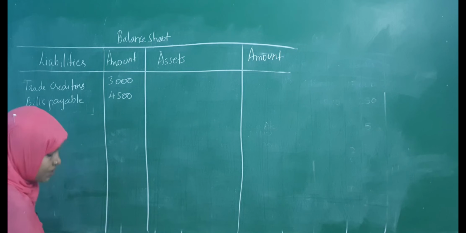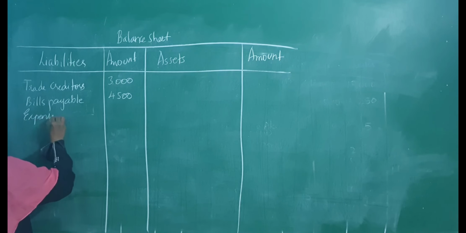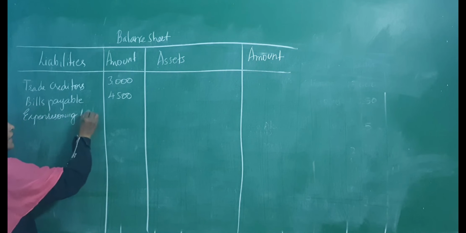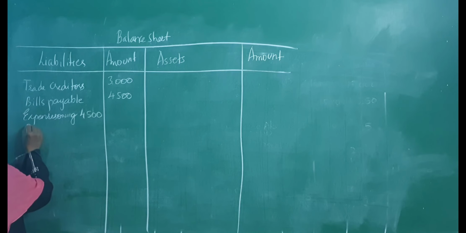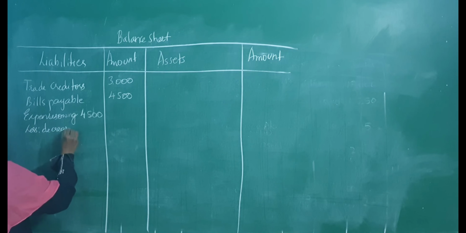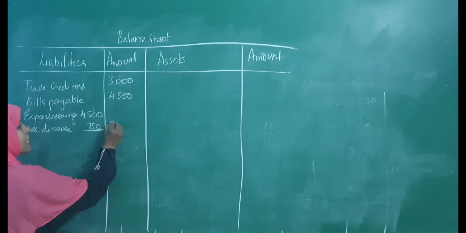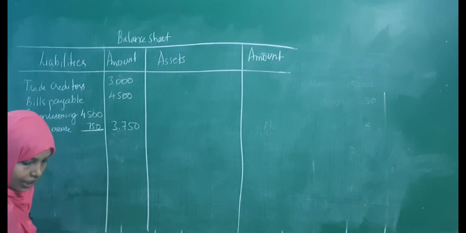Next, expenses owing, we have adjustments. Expenses owing. Okay, how much they have given? 4,500. Okay, adjustment less decrease. Less decrease 750. So it comes to 3,750. Okay, next we have capitals.